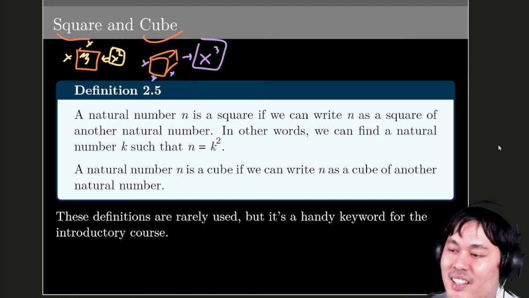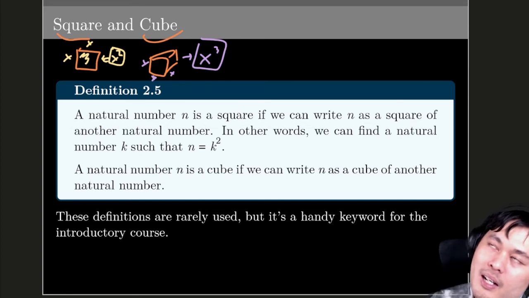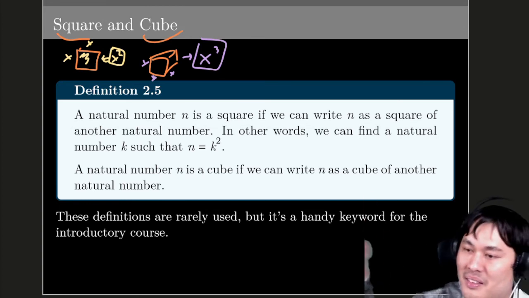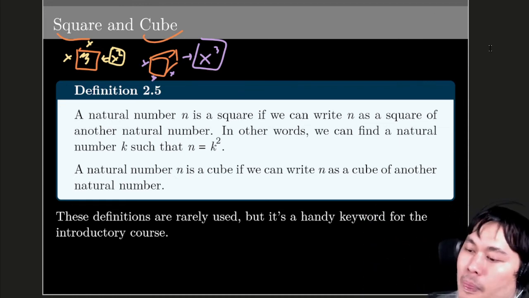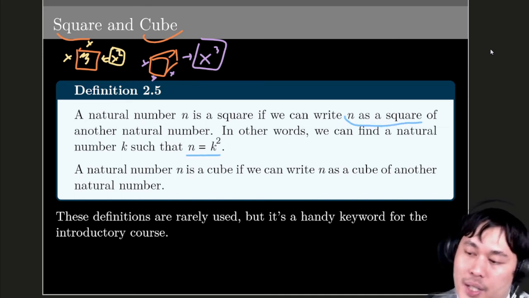Not surprisingly, I think square and cube came first, before mathematicians used formulas or symbols to define numbers. So if a number is a square, then we can write it as something else squared.